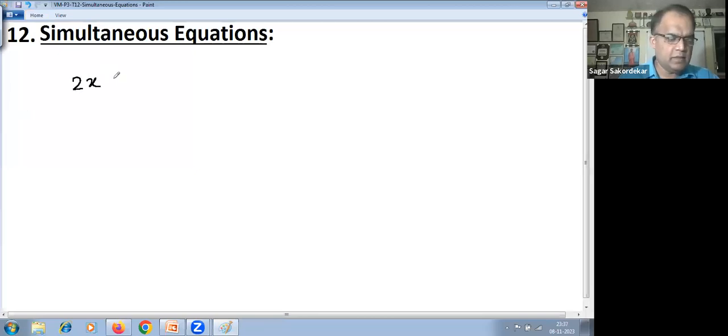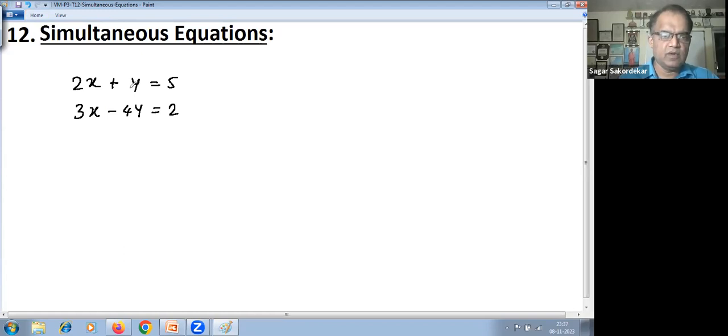2x plus y equal to 5, and the second equation, 3x minus 4y equal to 2. Now here you should note that the coefficient of y is minus 4. Okay, so it is like 3x plus minus 4y. The coefficient is minus 4.